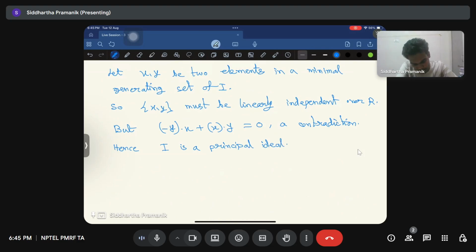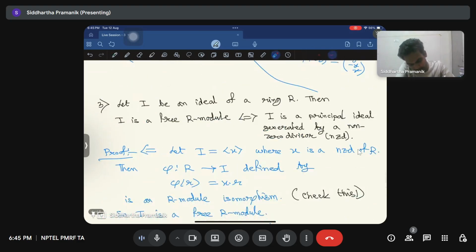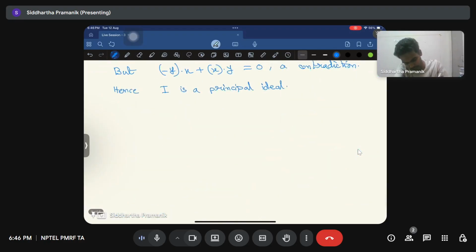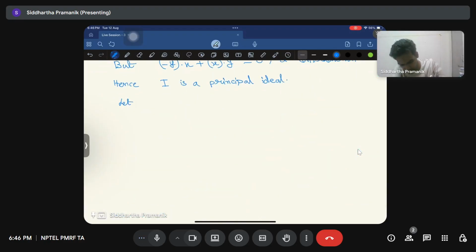So we have proved one part, that I is a principal ideal. Now we need to prove that the generator must be a non-zero divisor. So let's take a generator. So let I be generated by X. Now we need to prove that X is a non-zero divisor.